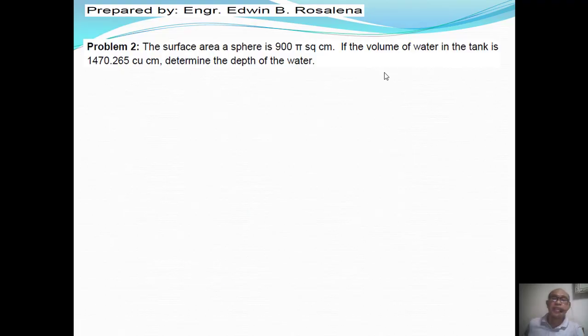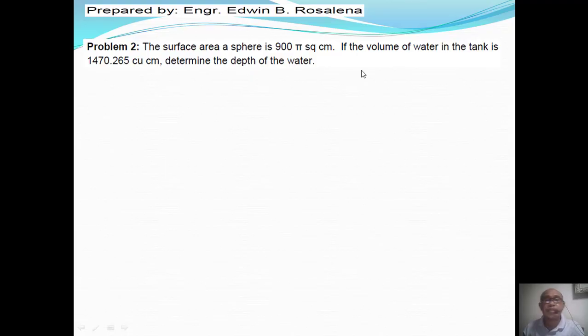The surface area of a sphere is 900 pi square centimeters. If the volume of water in the tank is 1,470.265 cubic centimeters, determine the depth of the water.